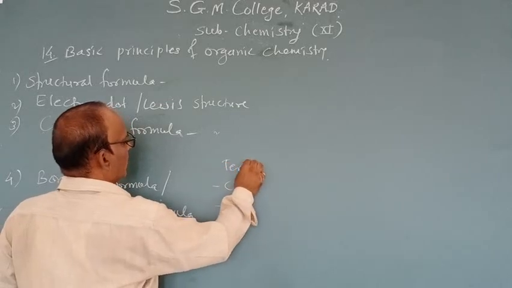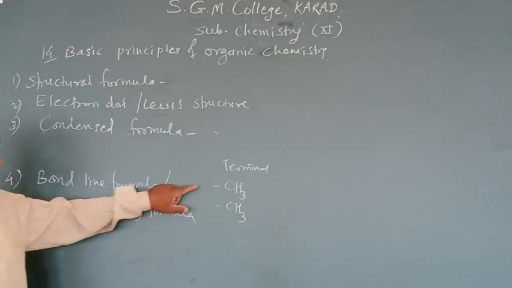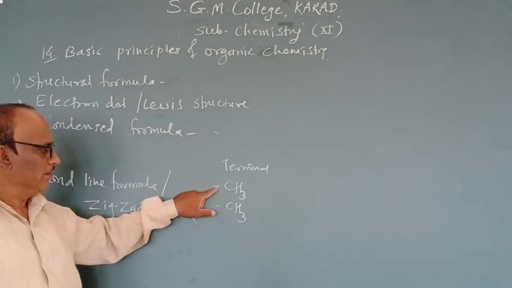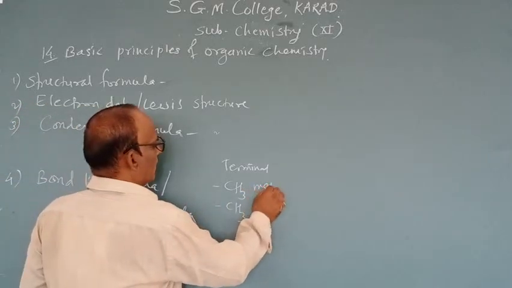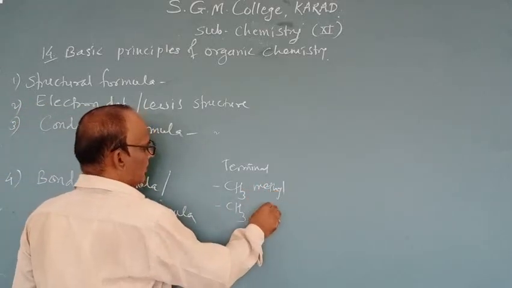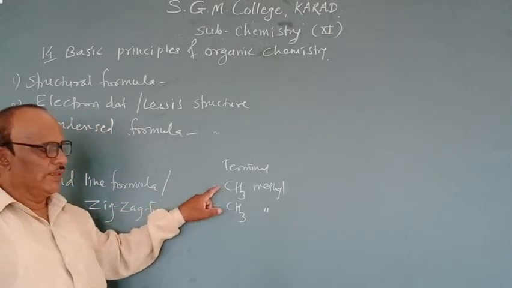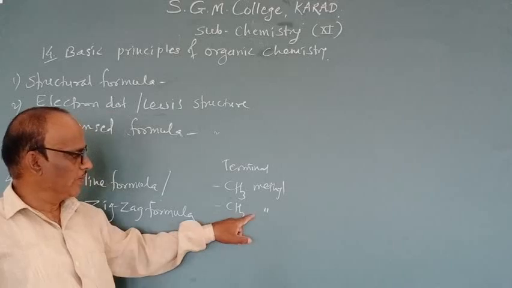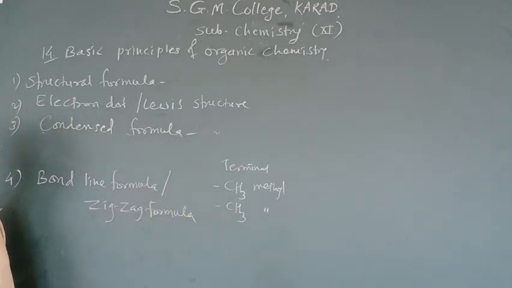Means at the terminals of the bond line formula, these groups are present. The first carbon has a methyl group, and also the last carbon atom. In the case of alkanes, the terminal ends contain methyl groups.